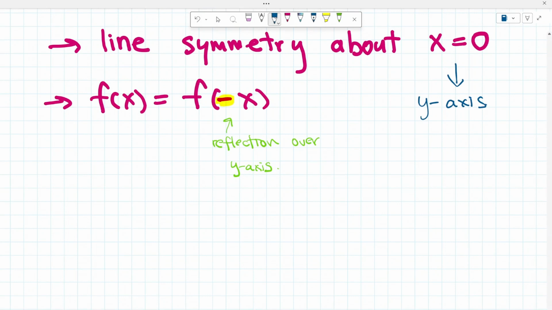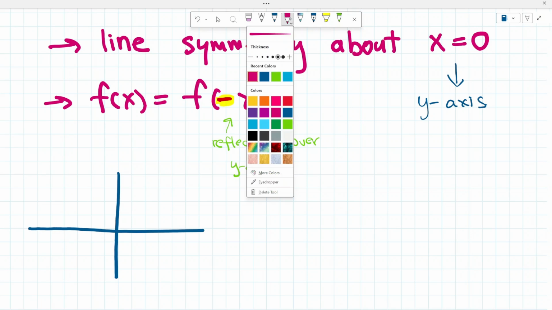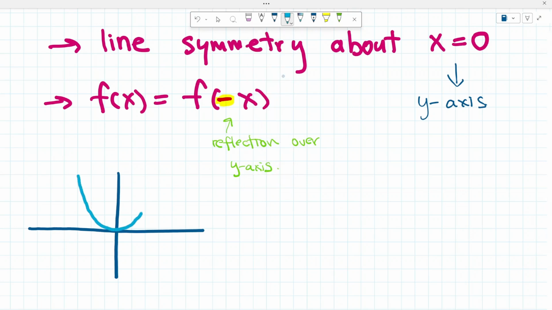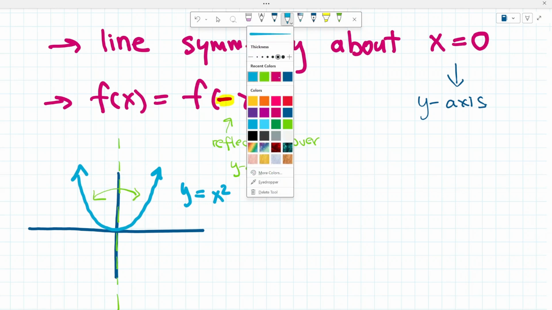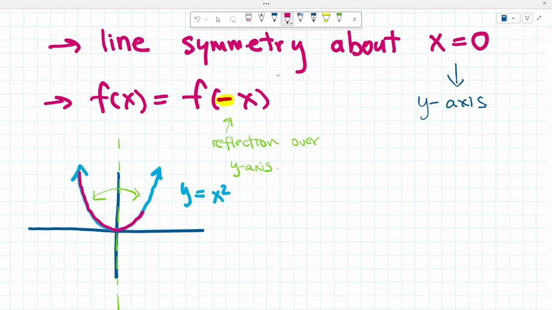So let's take a look at an example here of an even function. So over here, let's use the function y equals x squared. So here we can see that we have this beautiful symmetry over the y-axis. So that if we were to flip our function over the y-axis, it would be exactly the same as what we started with. And that is why we have this line symmetry, and it can be classified as an even function. So we can look at another example.